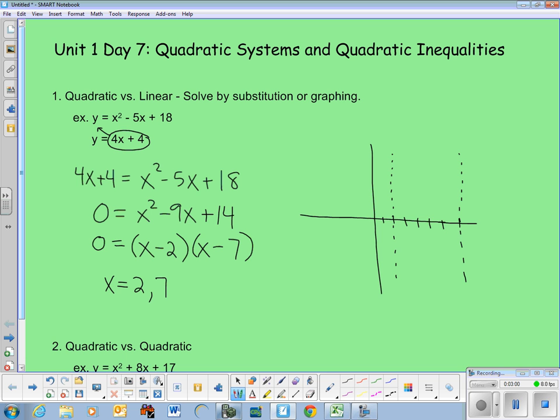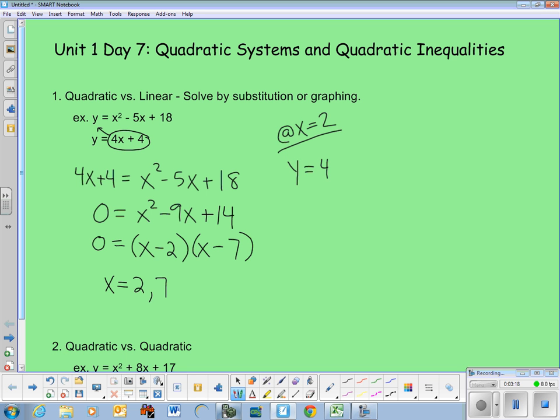Plugging these values of x into either equation will tell me the height of those two intersection points. So I'm going to plug them into the linear equation because it's easier than plugging them into the quadratic equation. At x equals 2, y equals 4 times 2 plus 4, 8 plus 4, or 12.